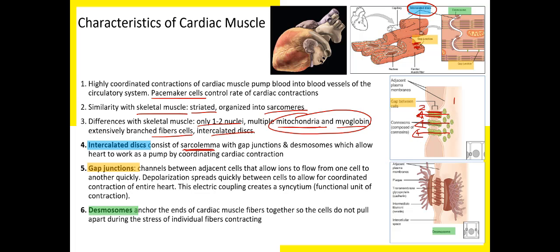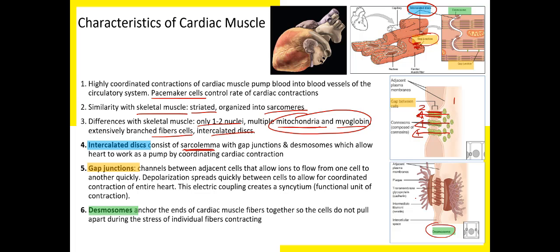Right? So intercalated discs consist of gap junctions as well as desmosomes. So desmosomes, remember, are those cell-to-cell connections that help to keep the cell together. And the desmosomes are especially important in cardiac muscles because the heart is constantly beating.